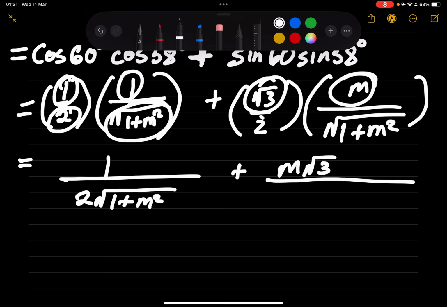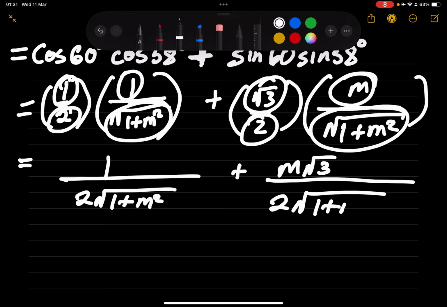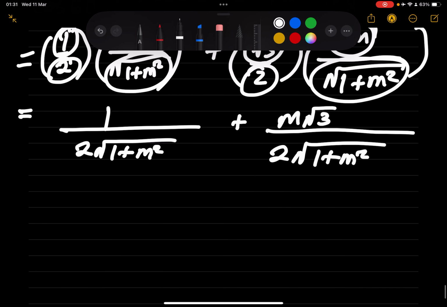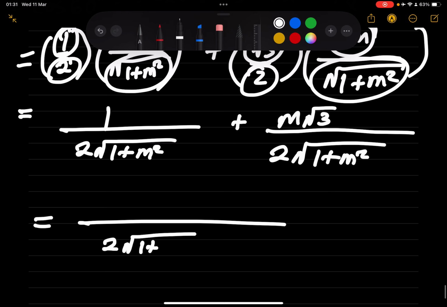Then the denominator is 2 root 1 plus m squared. Because the denominators are exactly the same, we can just add the numerators together over a single denominator. So we have 1 plus m root 3.